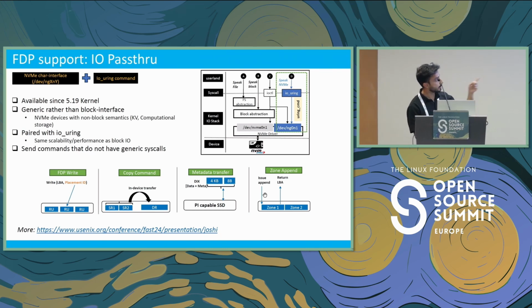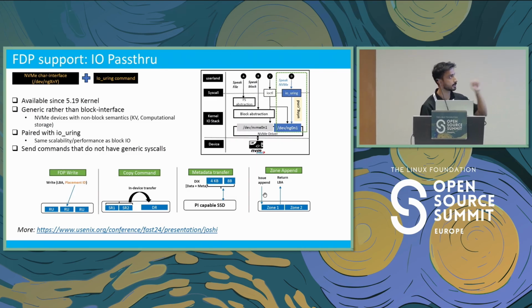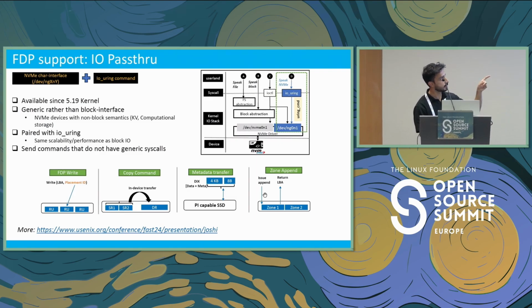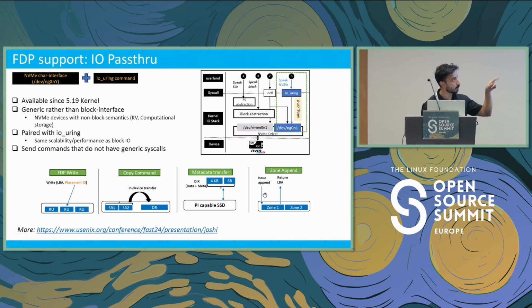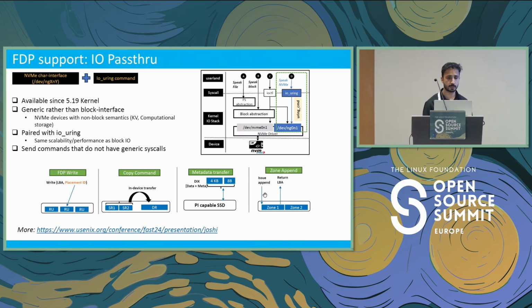The first one is a character device, /dev/ng0n1, that is created corresponding to the NVMe SSD, and this device can be used using io_uring. And in order to do this, we ended up creating something called uring command within io_uring. I think this can be called an asynchronous ioctl, to simplify things.